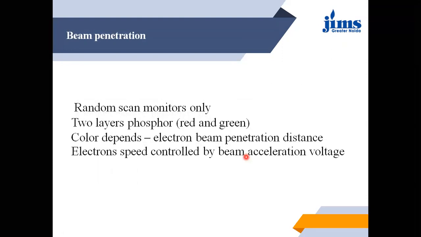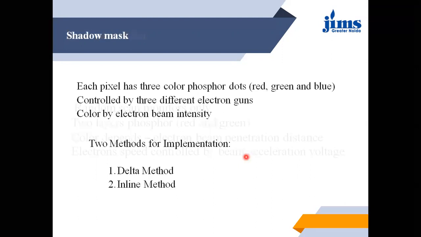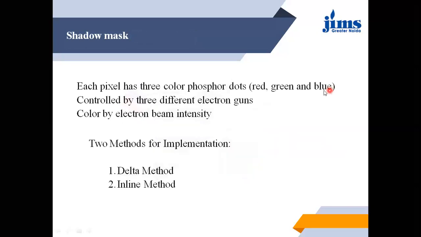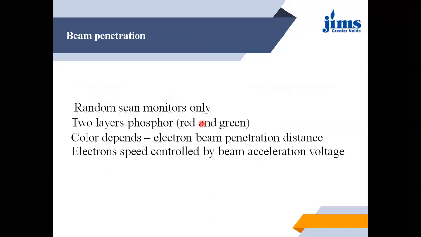Whereas the previous one was about beam penetration, this is about the shadow mask. In the shadow mask method, each pixel has three phosphorus dots. You can see from here, each pixel has three phosphorus dots: one for red, then green and blue. The color is controlled by the electron beam intensity.